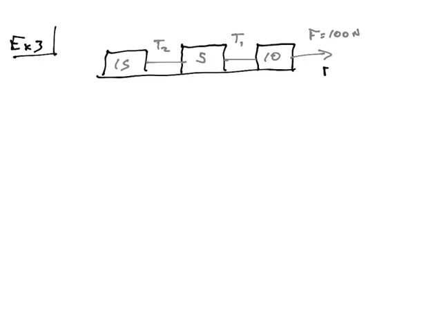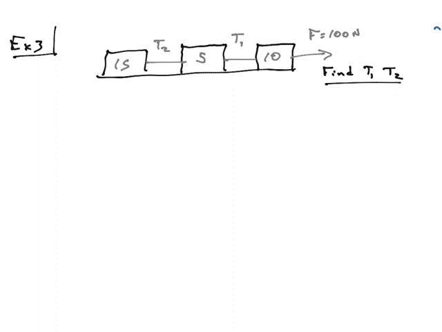The question is, find T1 and T2. That is, you have 3 blocks. Each block is connected to another by a rope. You pull on the system to the right. There's going to be a tension in each one of these ropes. They may be the same, they may be different, I don't know. The question is, find the tension in each rope.